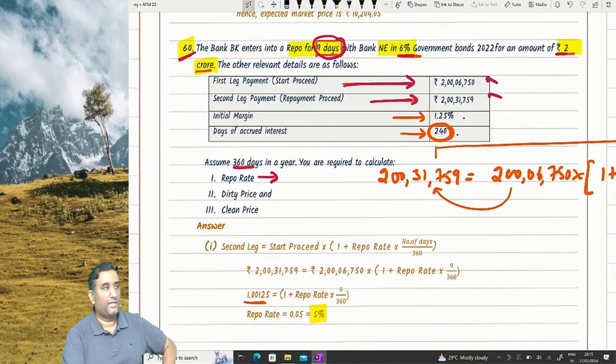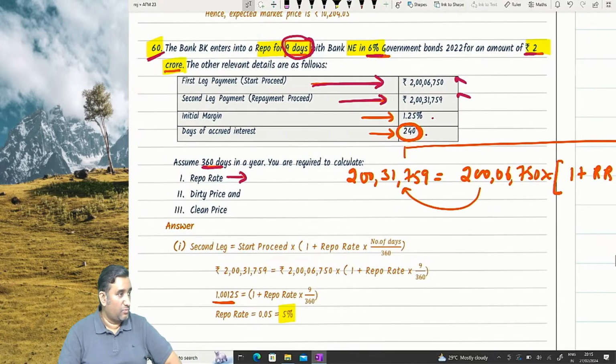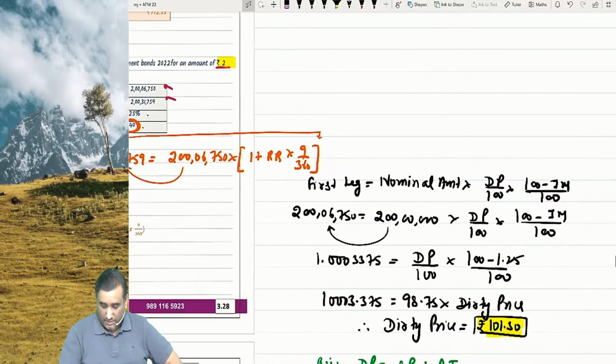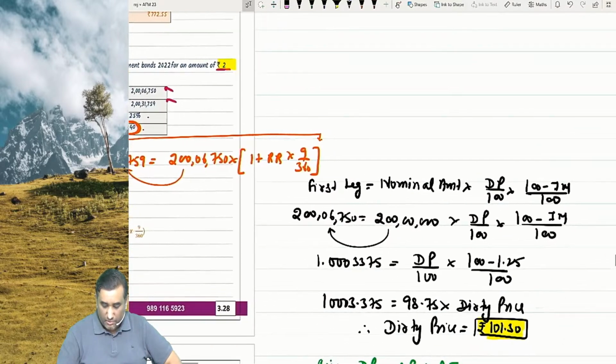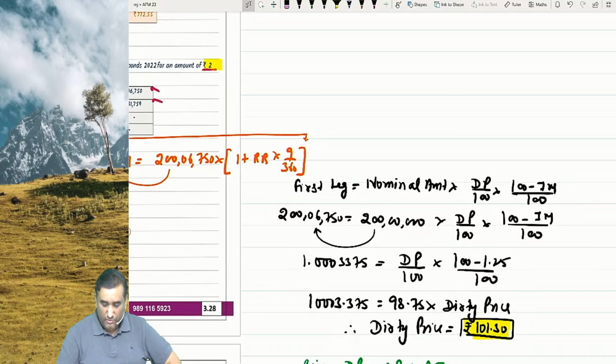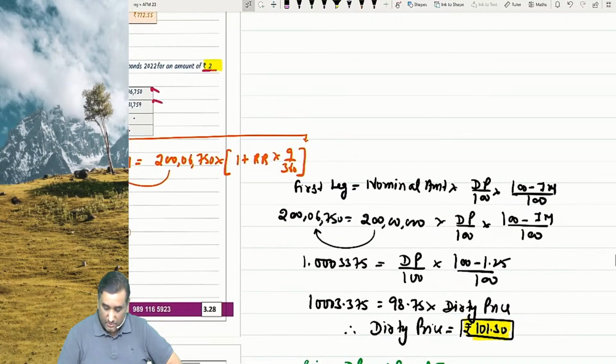Dirty price, anyone who has done the calculation? 101 point? 101.330. I have first leg is equal to nominal amount into dirty price by 100, into 100 minus initial margin by 100. When I solve this, I think I get 101 point.